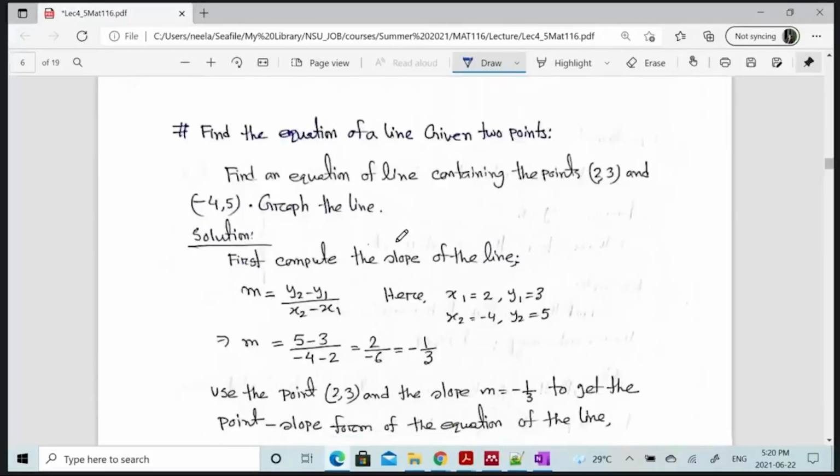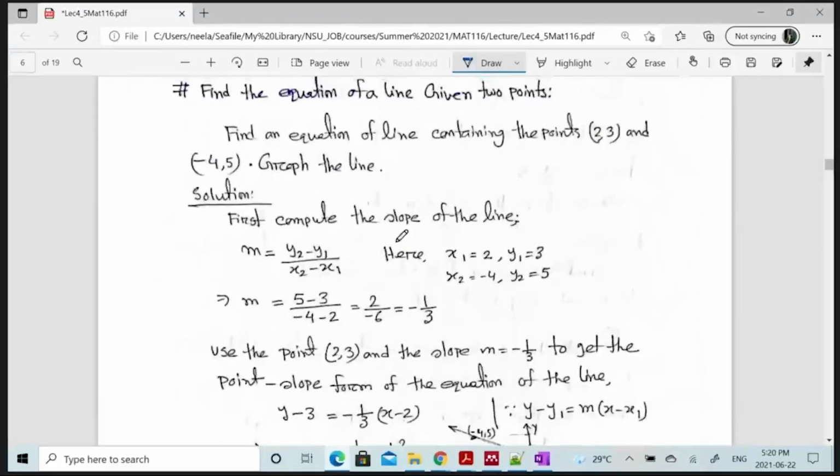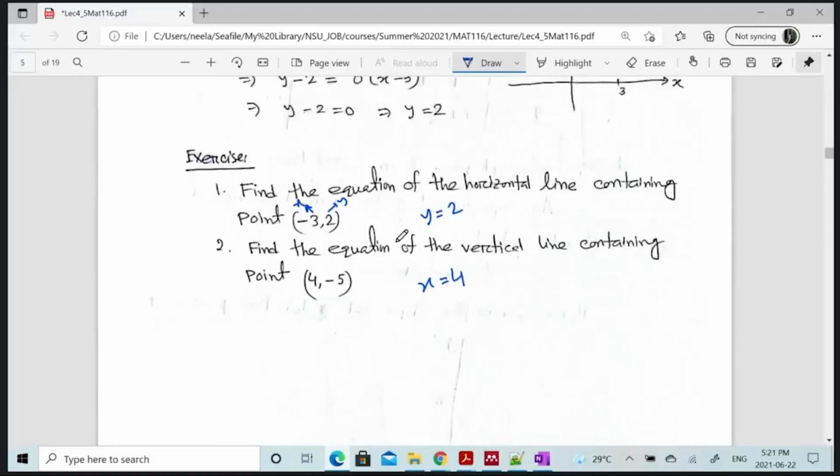Alright, so far we had one point given and we knew the slope, so that was easy. Then we saw how to find the equation of a horizontal line and of a vertical line, so that was easy as well. When you do the vertical line, remember to use m equal to 1/0 here.